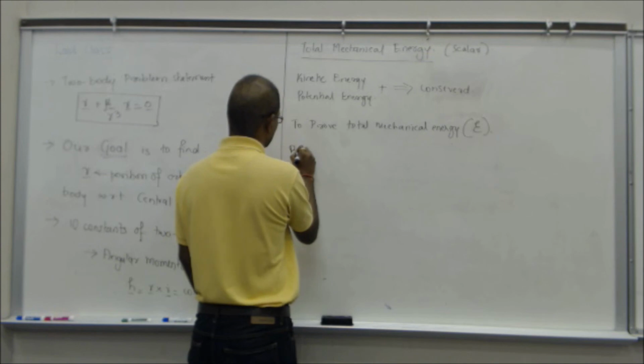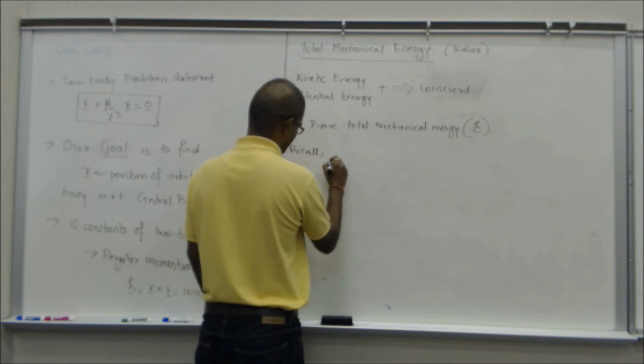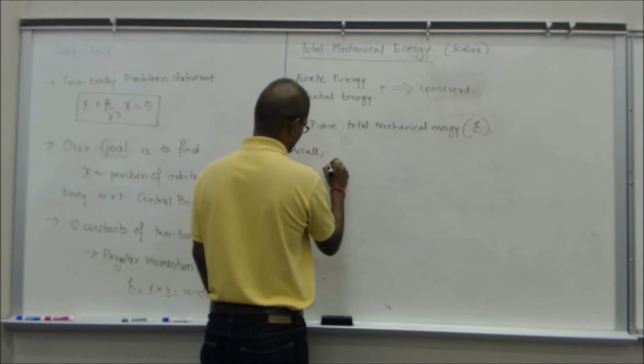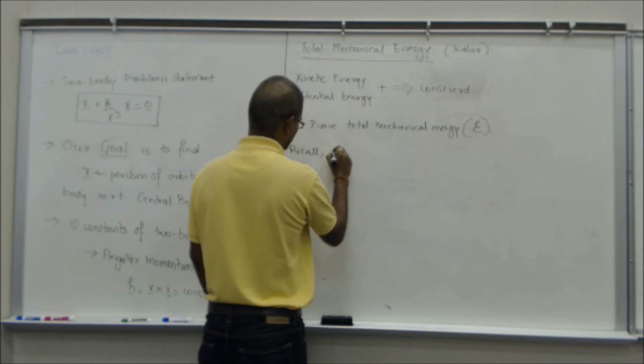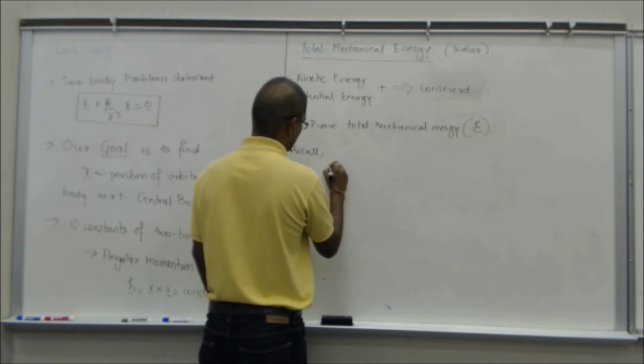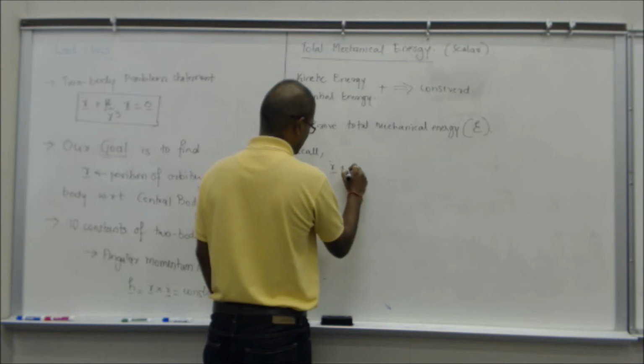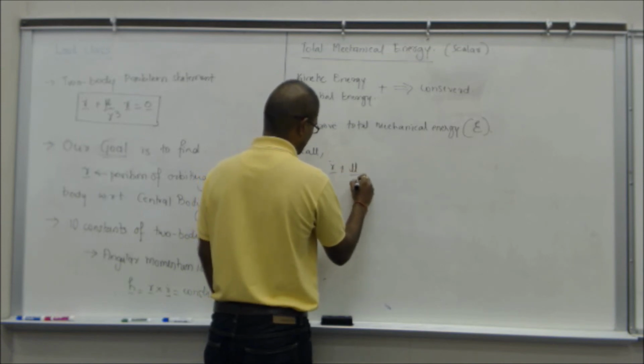We call it the two-body problem: R double dot plus mu over R squared.